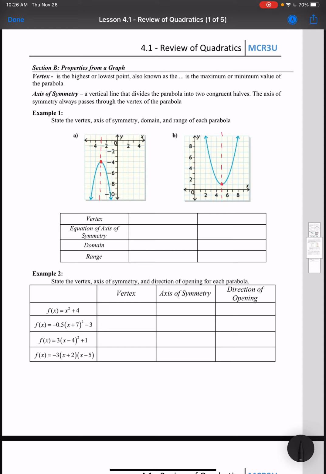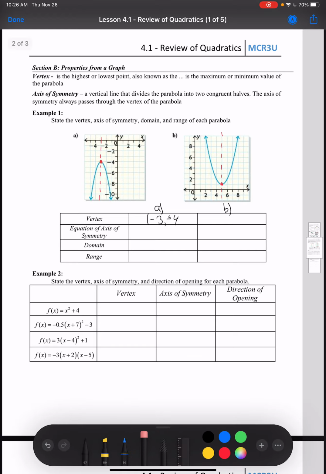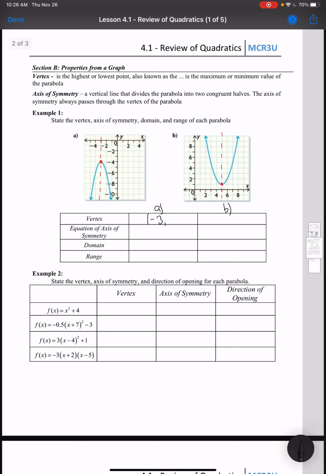So let's go through it. Again, we've drawn it on here. Let's say this is A and this is B. The vertex in the left one is (-3, -4). Just be careful not to accidentally confuse your x and y values.